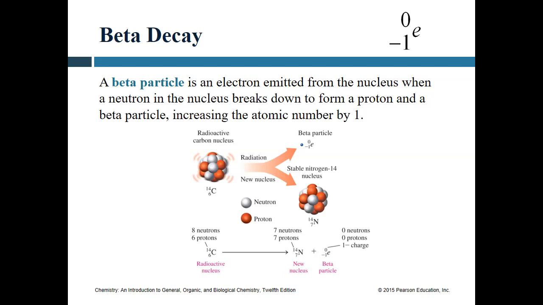Doesn't always work out that way, but that's kind of the end goal. We want to look at radioactivity kind of in this broad sense. The end goal of radioactive decays is to get to a stable nucleus. Now, it might take 10, 20, 25 radioactive decays to get there, especially if you're looking at one of those larger synthetic elements.